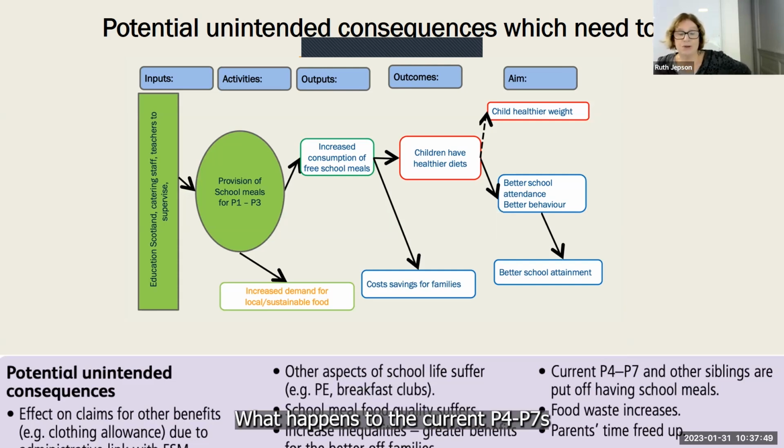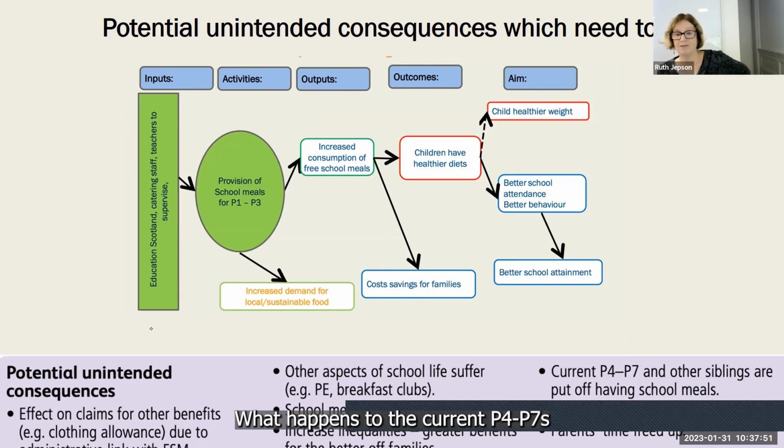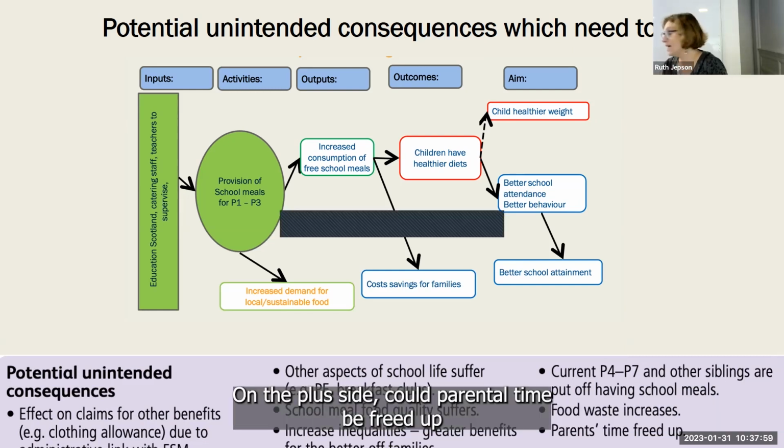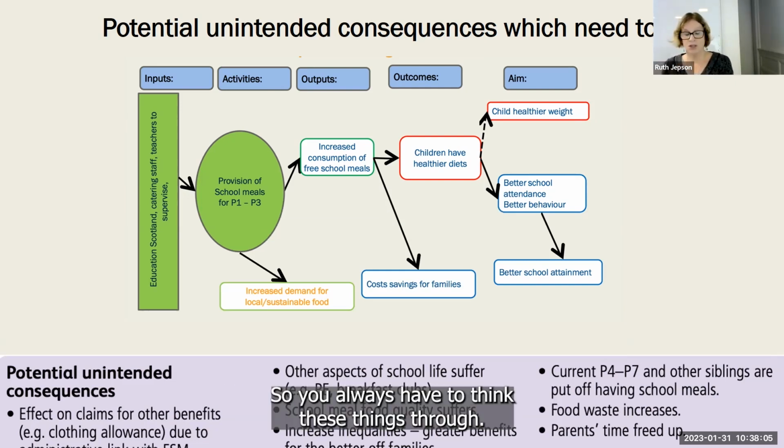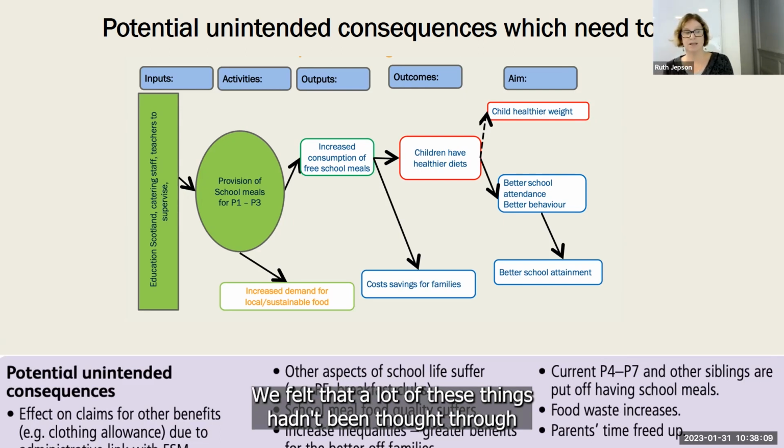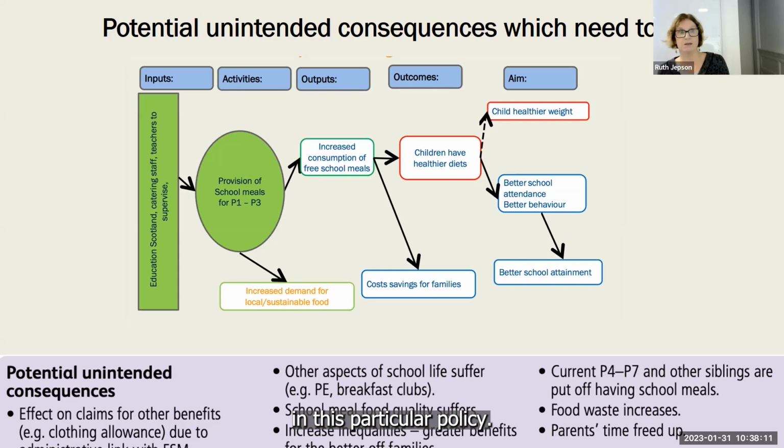What happened to the current P4 to P7 having other meals? Would food waste increase? On the plus side, could parental time be freed up if they maybe weren't having to prepare a meal for their children in the evening? So you always have to think these things through, and we felt that a lot of these things hadn't been thought through in this particular policy.